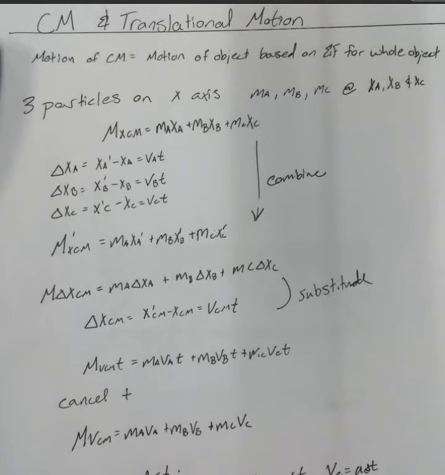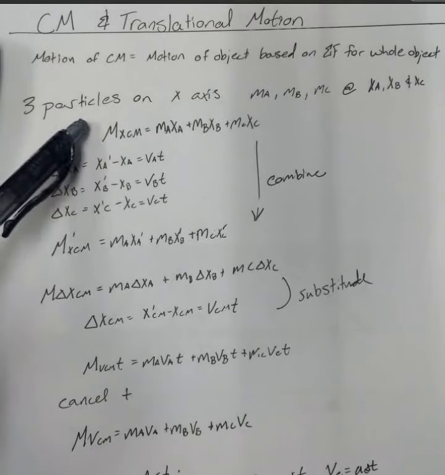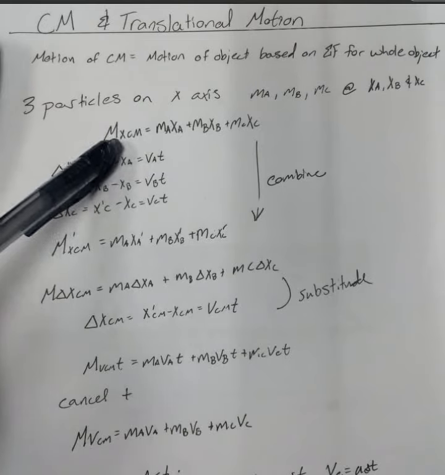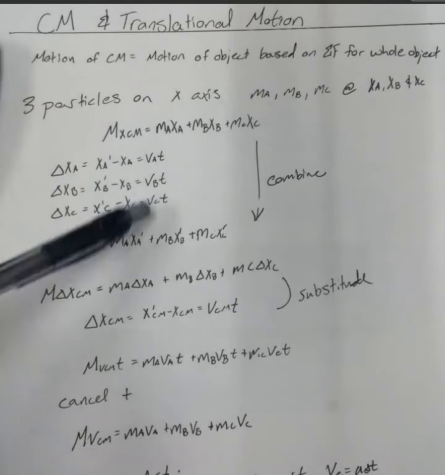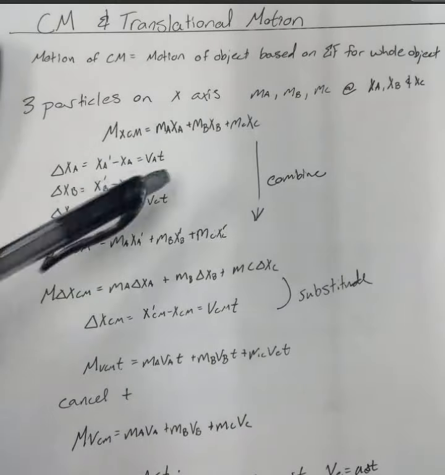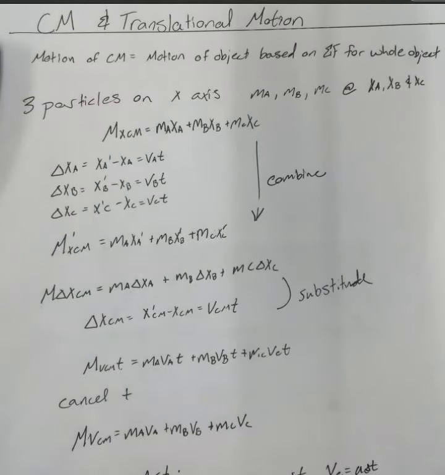So remember, momentum is conserved. So the momentum of the center of mass for the object will be equal to the momentum of the sum of each of those objects. So we could just consider those values. But we can also find the center of mass.